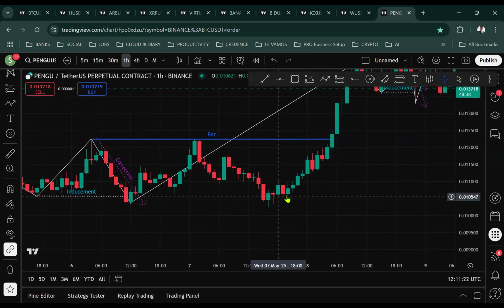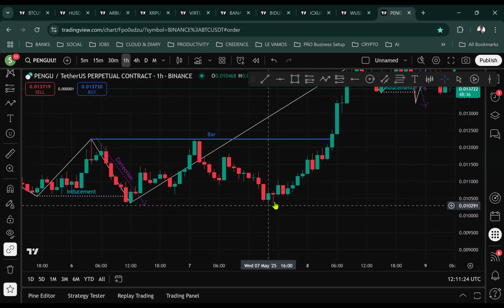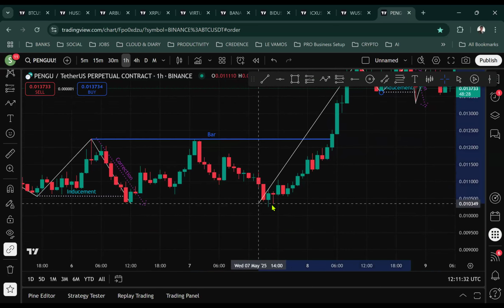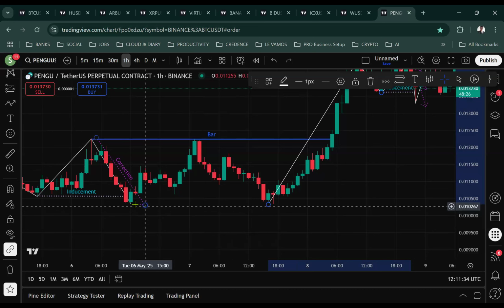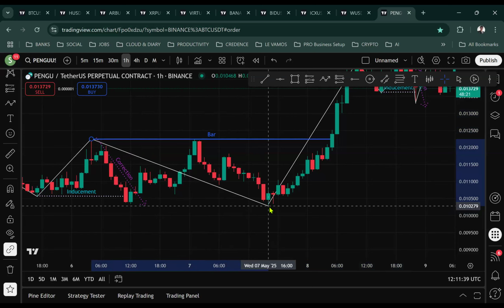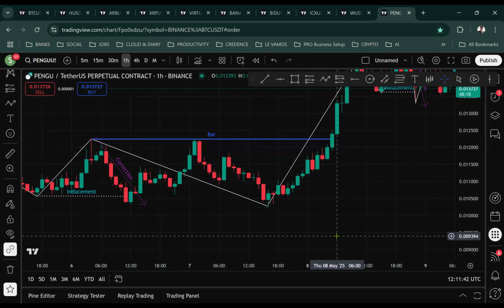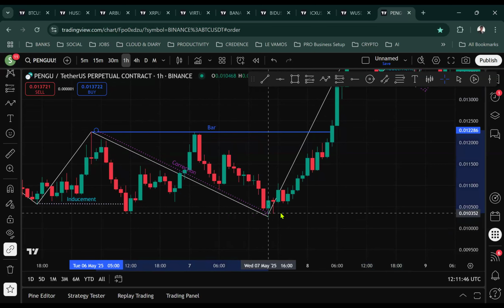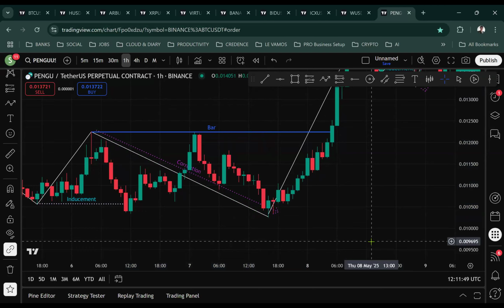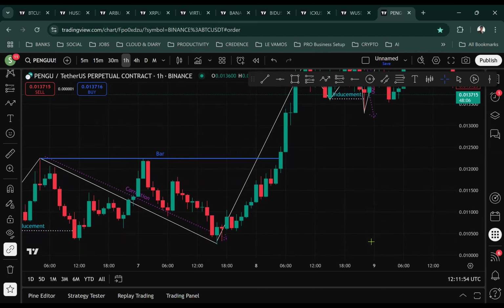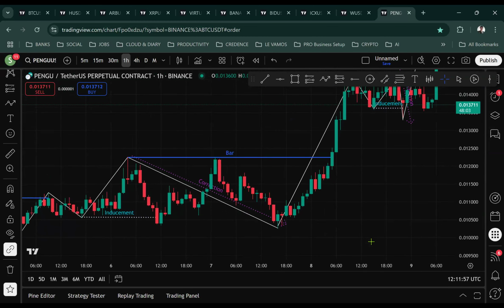So the impulse starts from here, actually, after the correction. So this should come from here, right? The correction ended here. So that's where the correction ended.